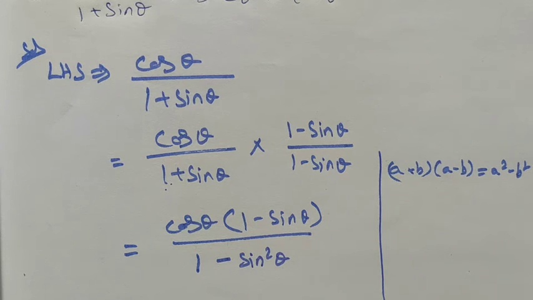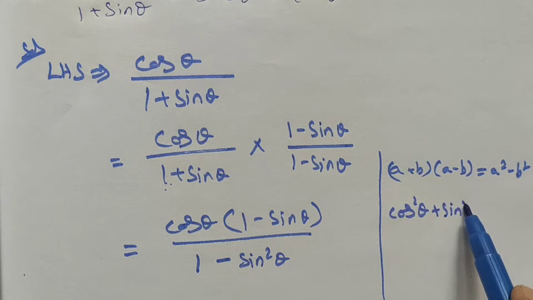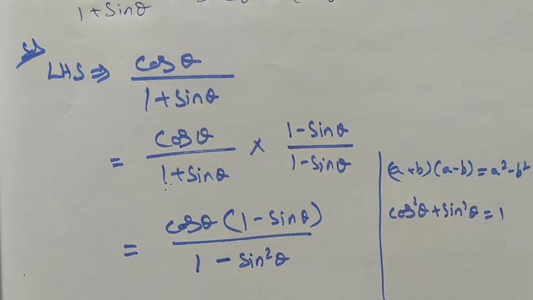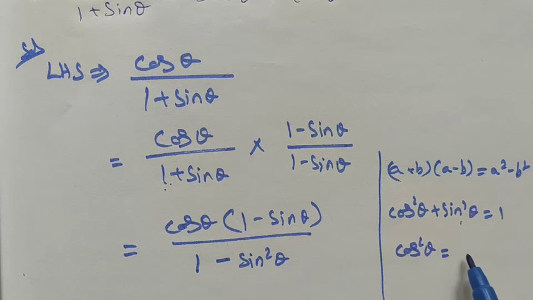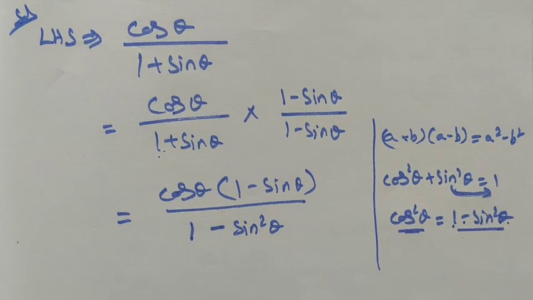By the identity we know that cos square theta plus sin square theta is equal to 1. If I take sin square theta to the other side, we get cos square theta is equal to 1 minus sin square theta.